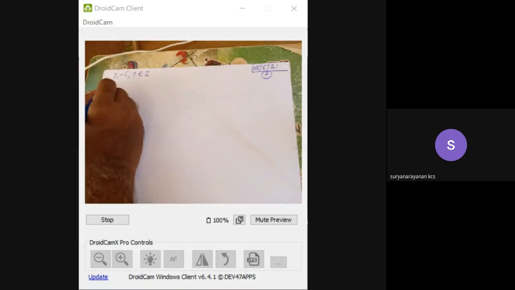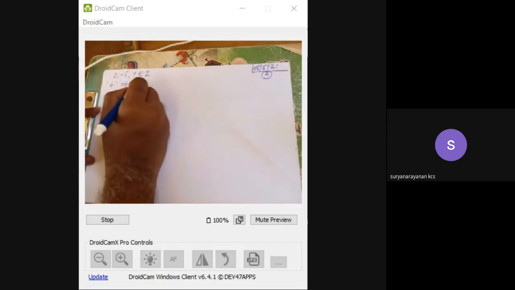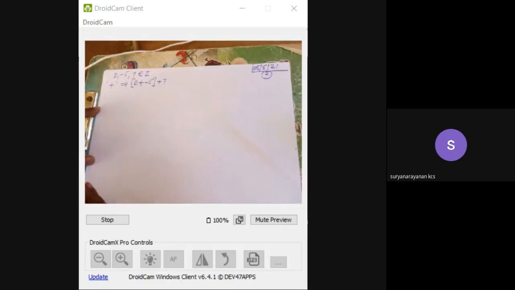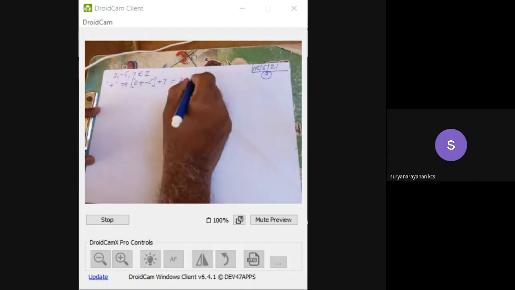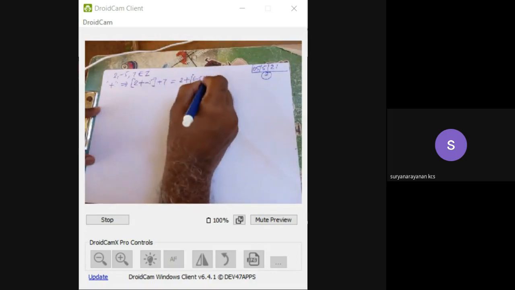If we take addition as the operation, let us apply it: (2 plus minus 5) plus 7 is equal to 2 plus (minus 5 plus 7).